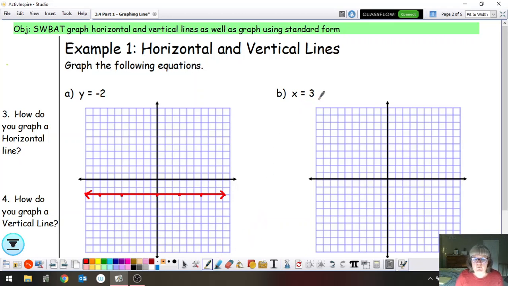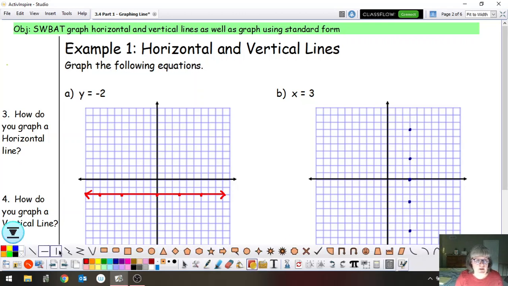For x equals 3, and I know that it's a line, that's telling me that every single point on that line is going to have an x value of 3. So I can start by finding 3 on the x-axis, and then plotting other points that have an x value of 3. And as you can see, every point that I plot is within a vertical line.